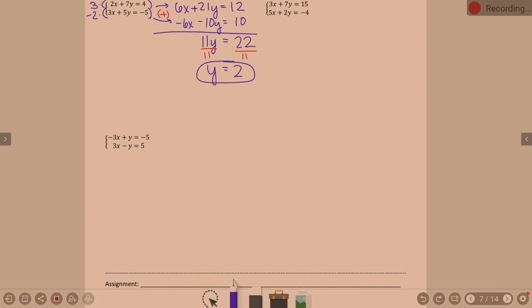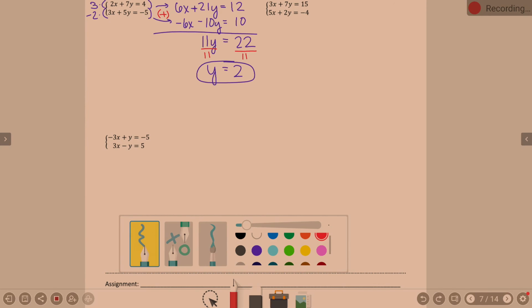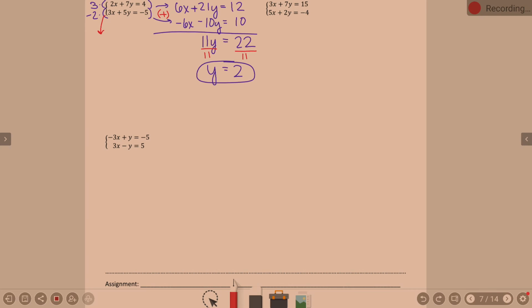So I would pick one of the originals. And I'm going to pick the bottom one just because we haven't used the bottom one. Okay? We've been using the top on the others. So if I use my bottom one here, 3x plus 5 times y, which is 2, equals negative 5.